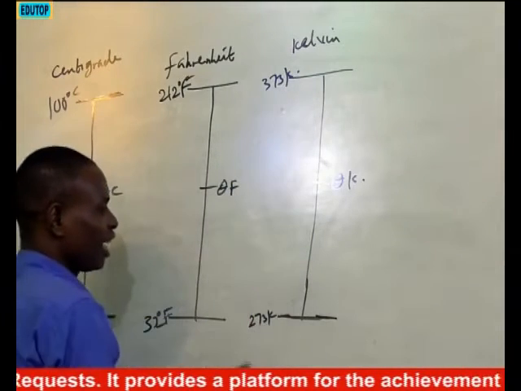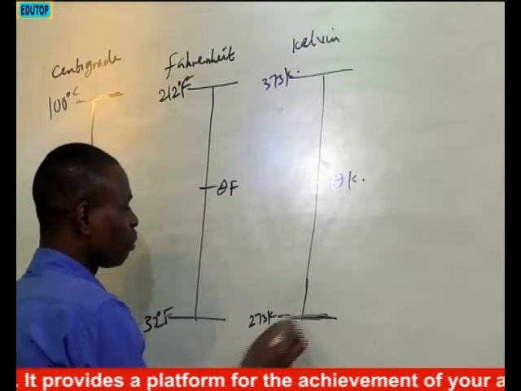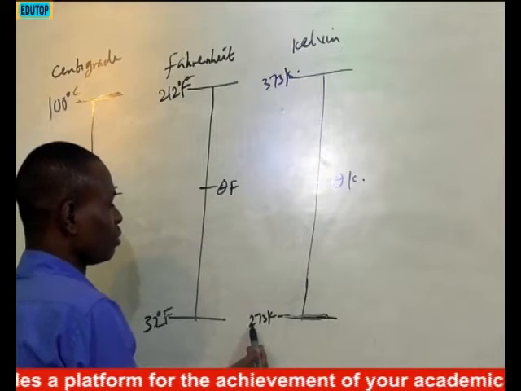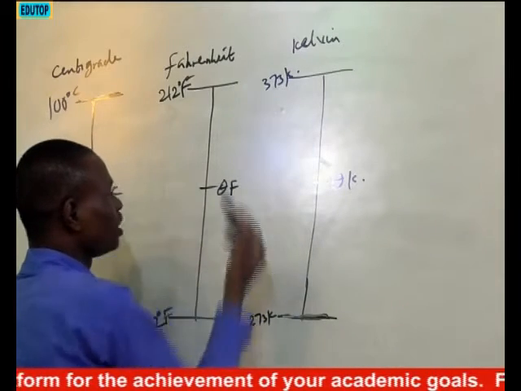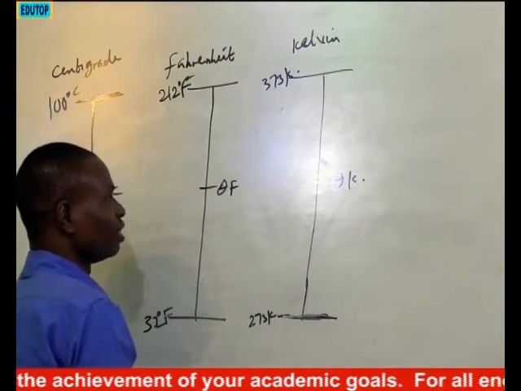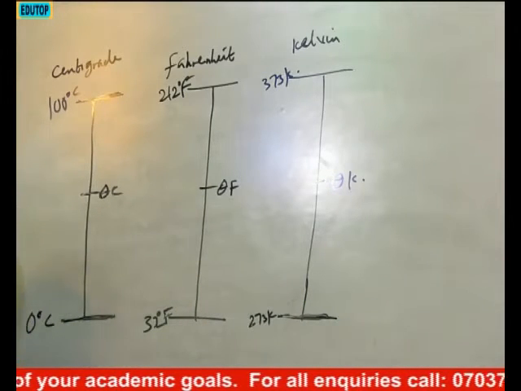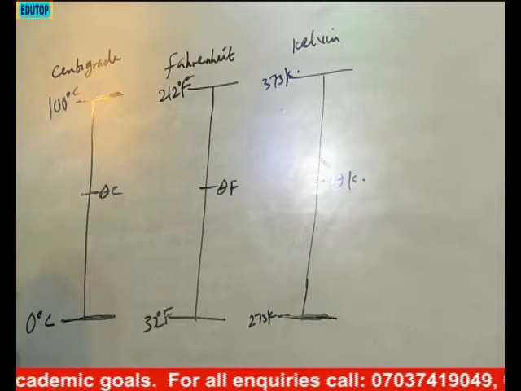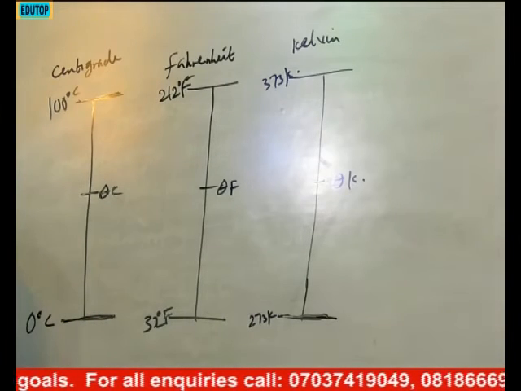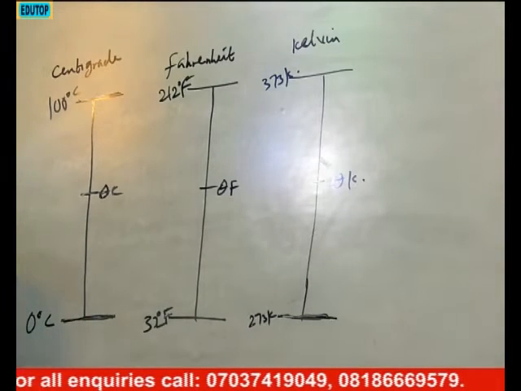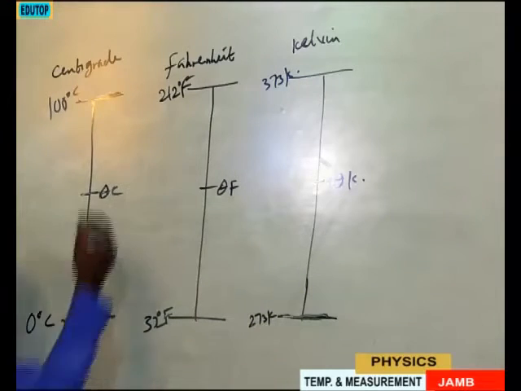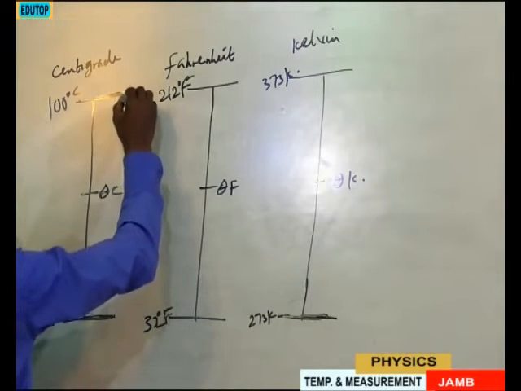For the Kelvin scale, the lower fixed point is 273 and the upper fixed point is 373, and this is the value to be determined. But there is something we call the fundamental interval. What is the fundamental interval? Each of them has a fundamental interval.